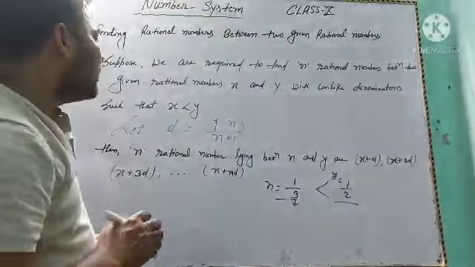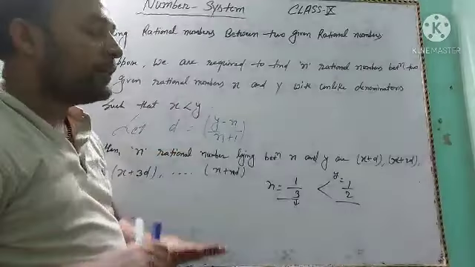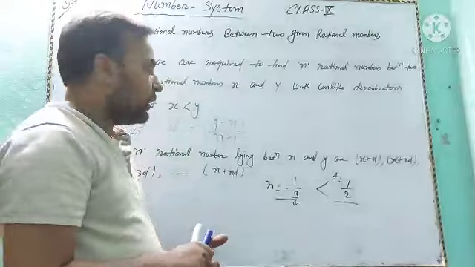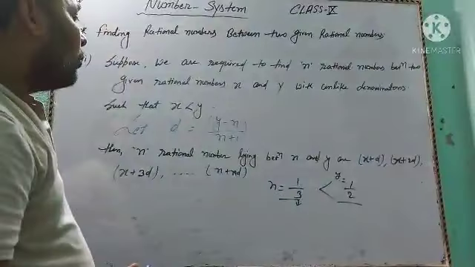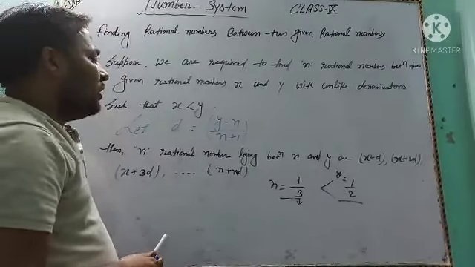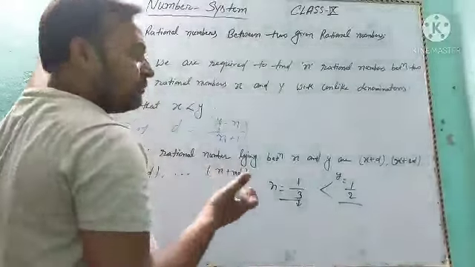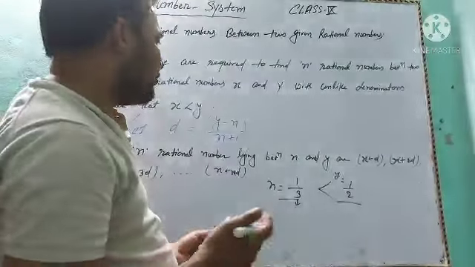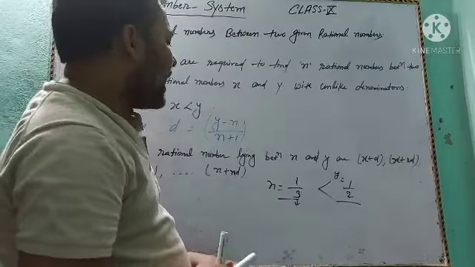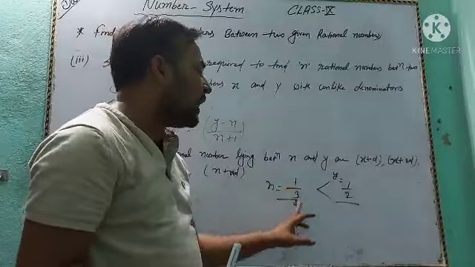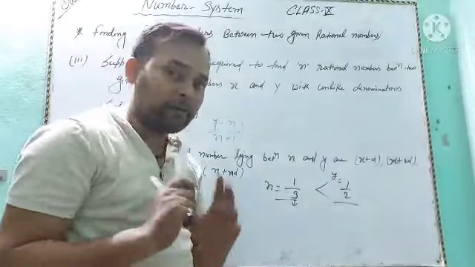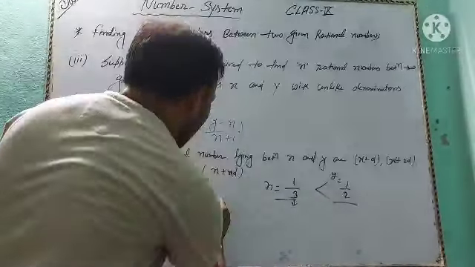So students, first of all find d. Let us take an example: find 5 rational numbers or 6 rational numbers, 7 rational numbers, etc. Find 5 rational numbers between 1 by 3 and 1 by 2. So here n is equal to 5.